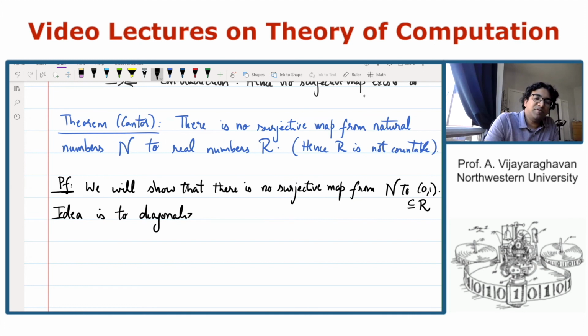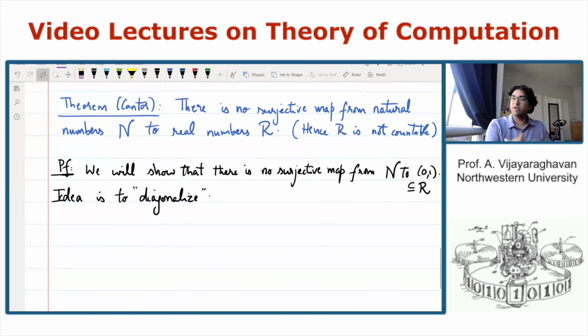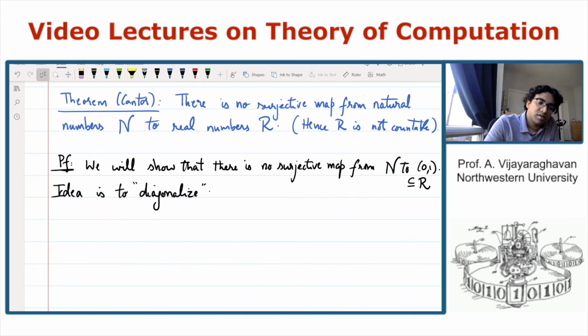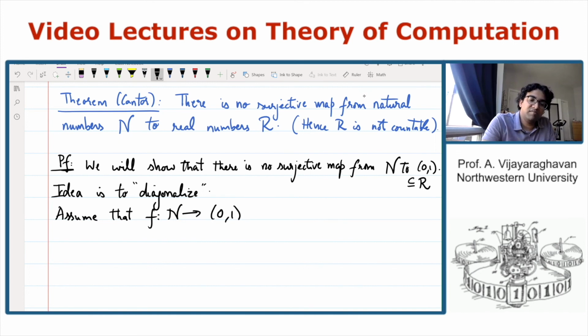After this proof, it will become clear why we use the term diagonalization to refer to this technique. So again, let's assume, for the sake of contradiction, that there exists a surjection f from natural numbers to the interval from 0 to 1.